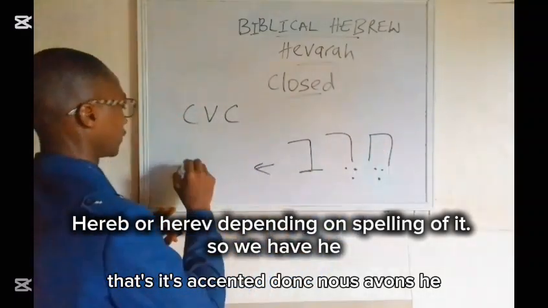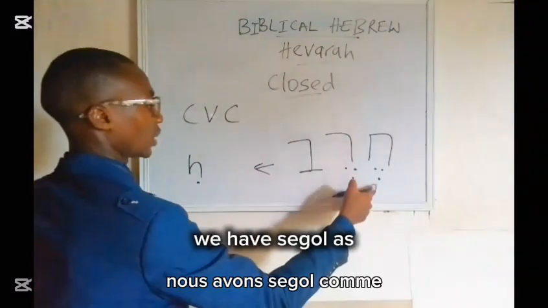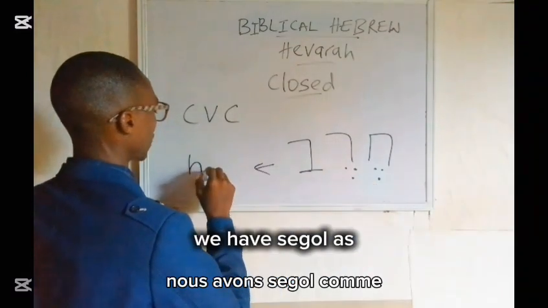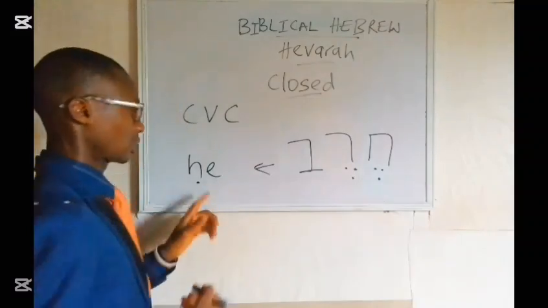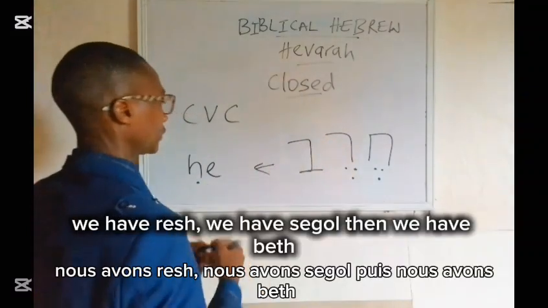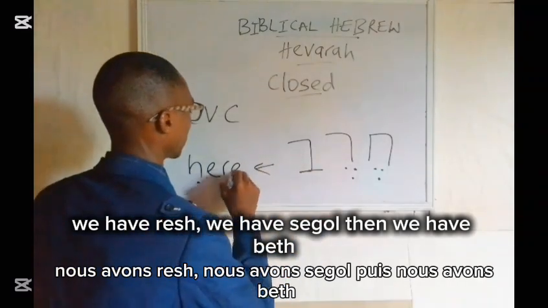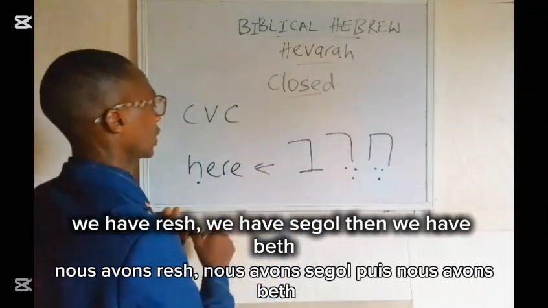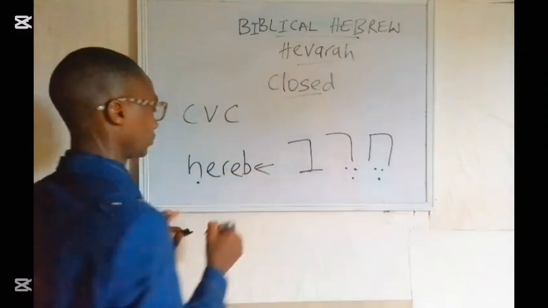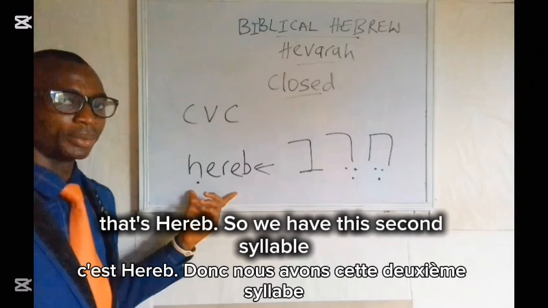So we have he, we have Segol, that's a short vowel. We have Resh, we have Segol, then we have Bet, that's Ereb.